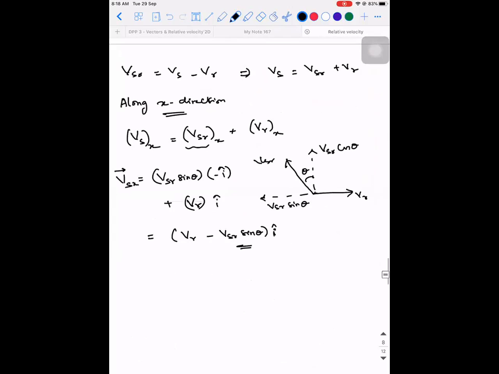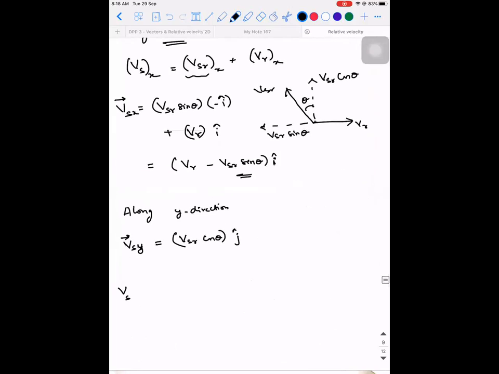In a similar way, you tell me what will happen along y direction. It will be the velocity of swimmer with respect to river, VSR cos theta, in the direction of j cap. Accepted? So, can I write the velocity of swimmer like this? It is the velocity of swimmer along x direction plus velocity of swimmer along y direction.